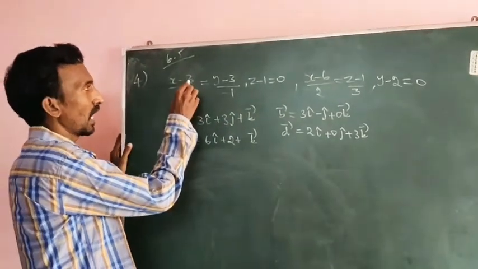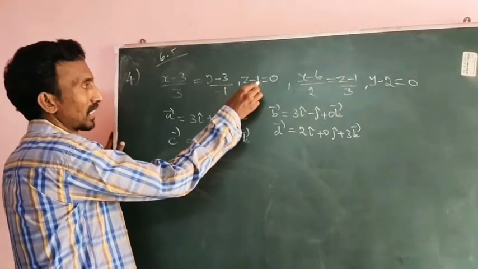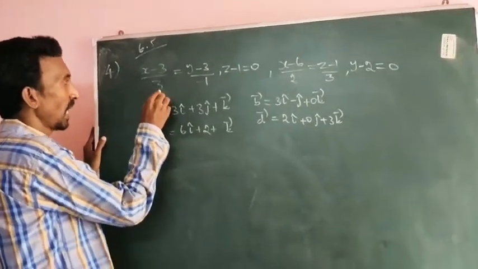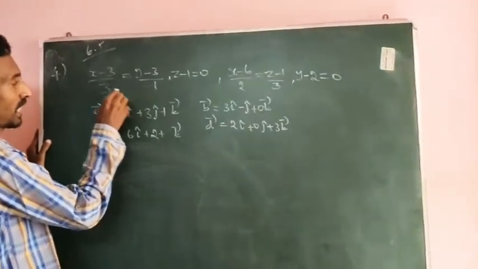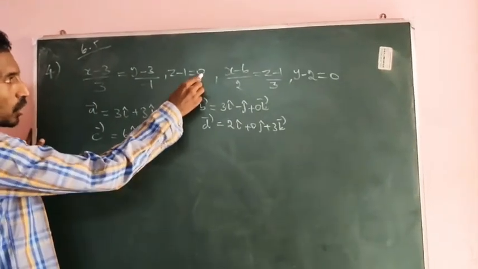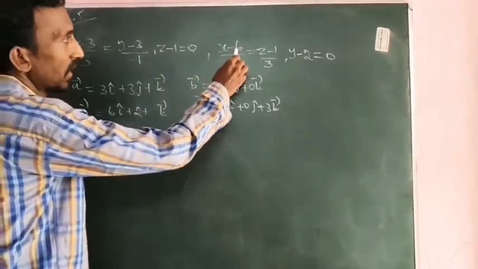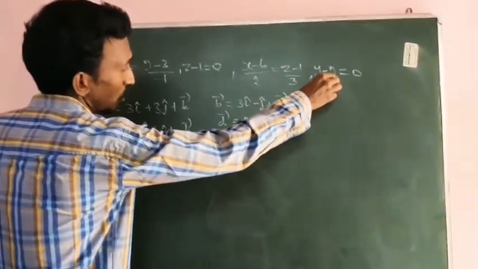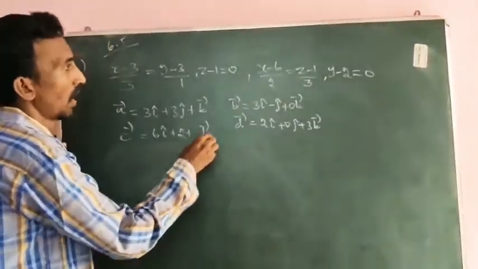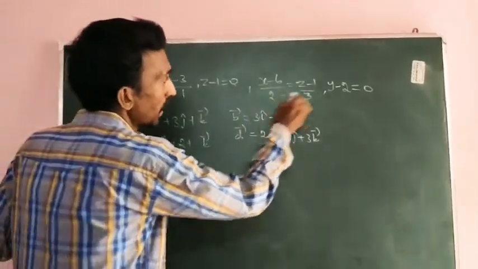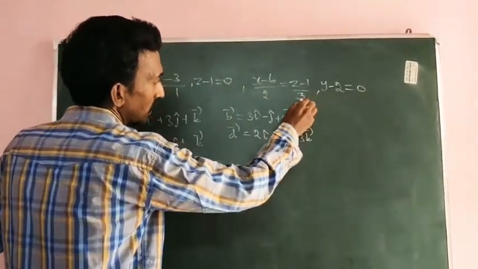So a vector is 3i plus 3j plus k. B vector is 3i minus j, and here 0k. C vector is 6i, here y is 2, so 2j plus k, and D vector is 2i and j is 0 plus 3k.